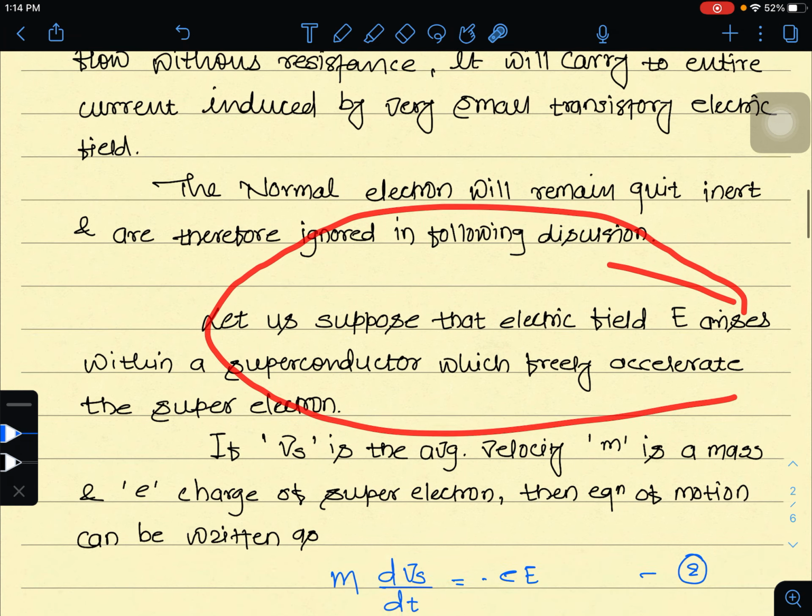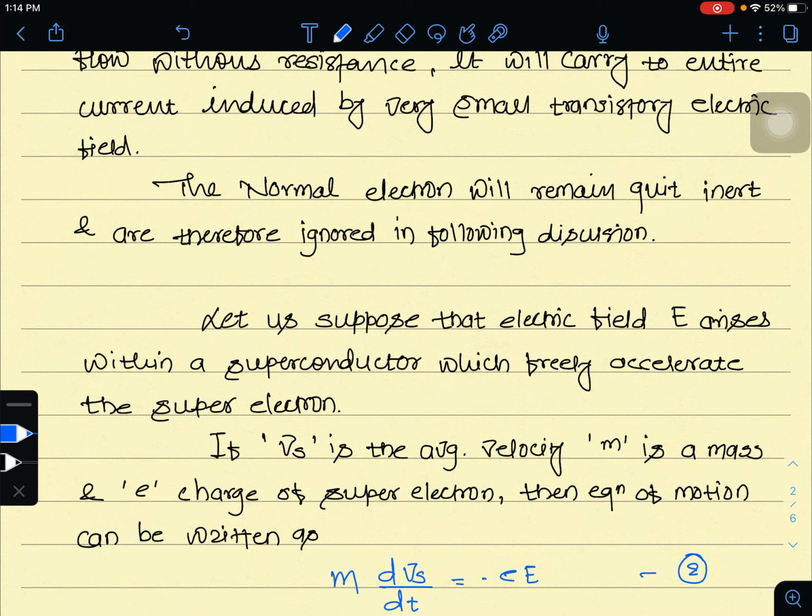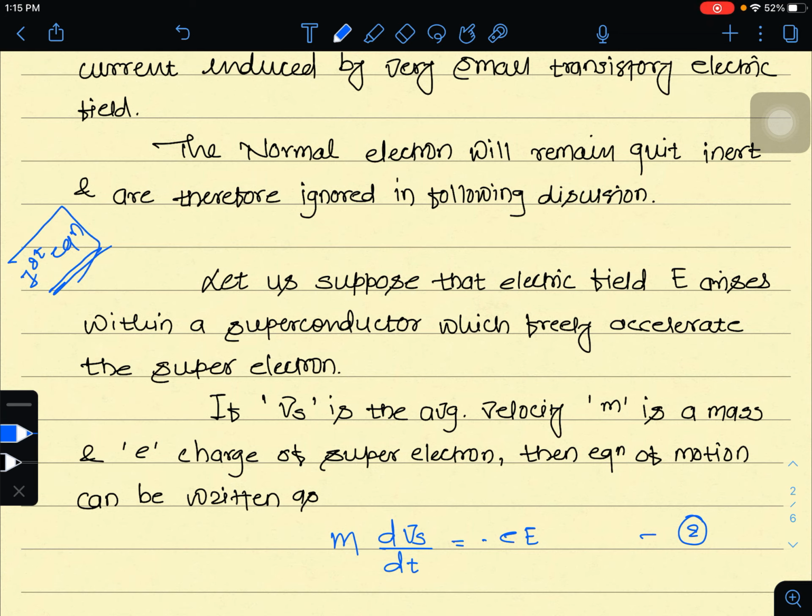Now we are going to solve the first of London's equations. I am not putting a heading because I want to complete the theoretical portions of the first equation and second equation in continuing lectures.